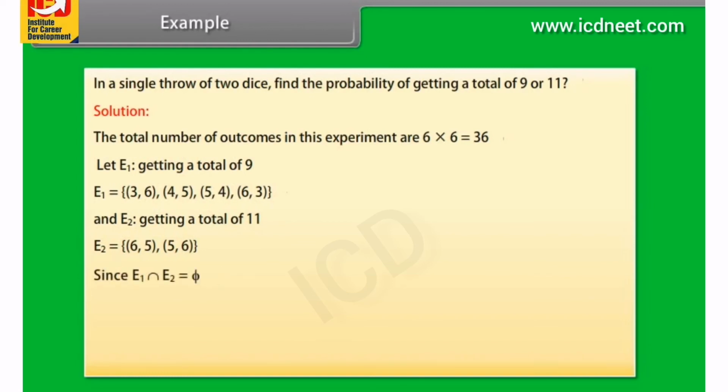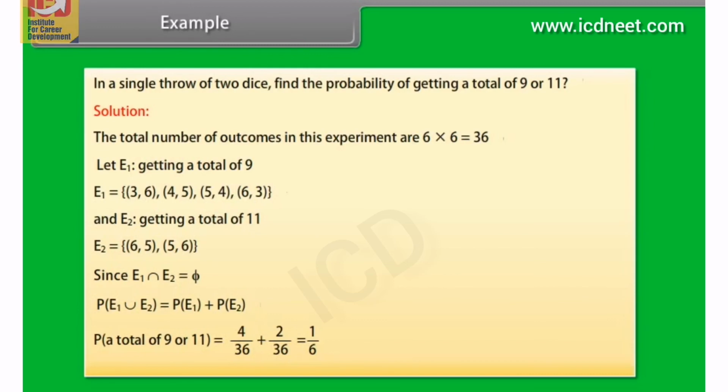Since E1 intersection E2 is empty, P(E1 union E2) = P(E1) + P(E2). P(a total of 9 or 11) = 4/36 + 2/36 = 1/6.